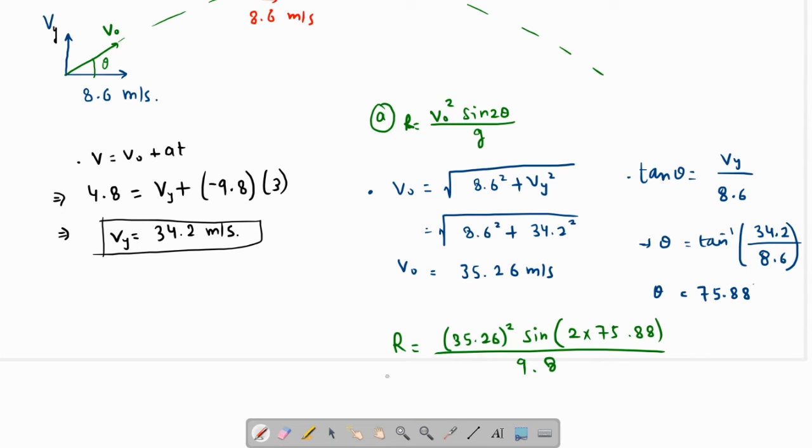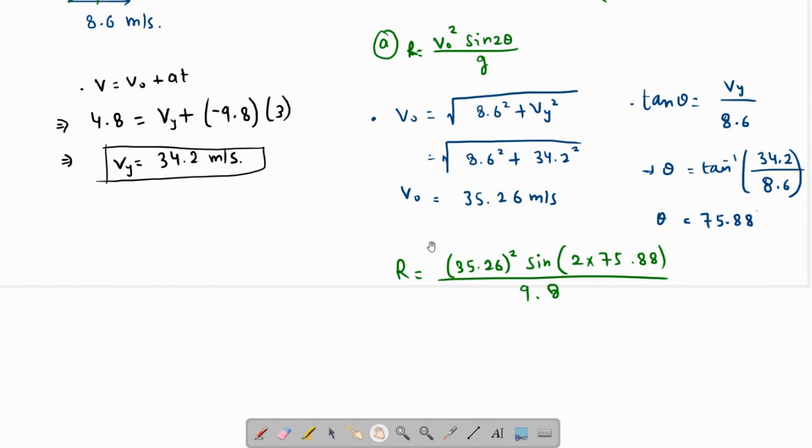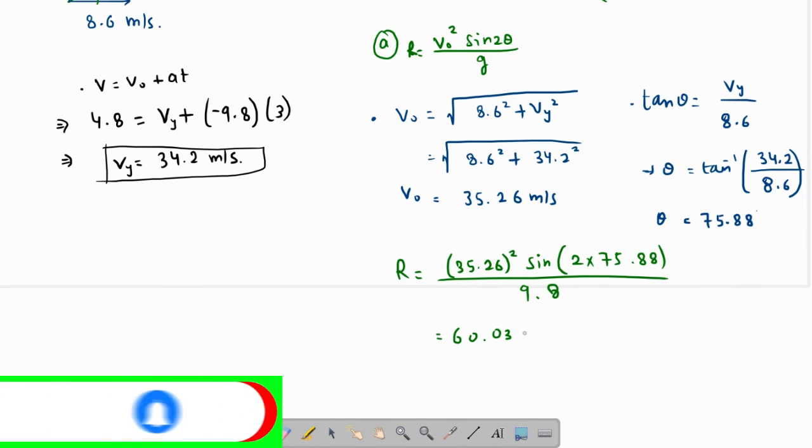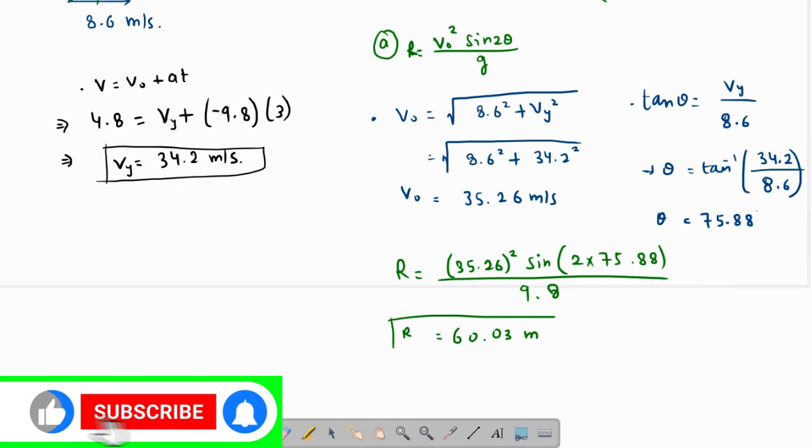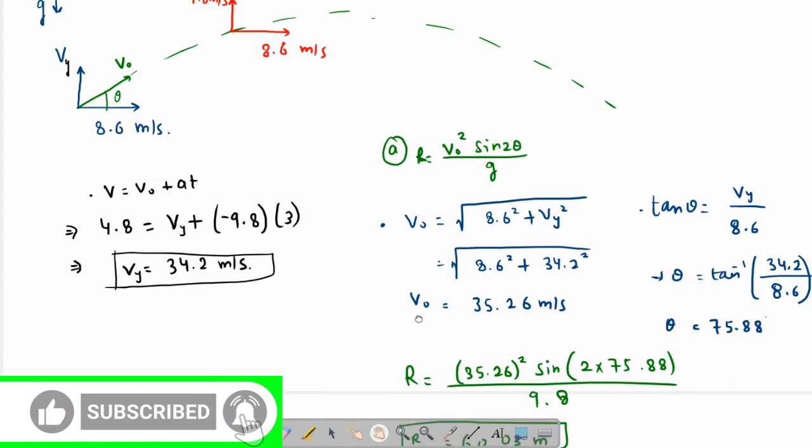So this is 35.26 square times sine of 2 times 75.88 over 9.8, which comes out as 60.03 meters. This is the required range, which answers part A.